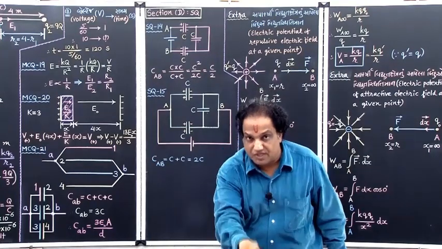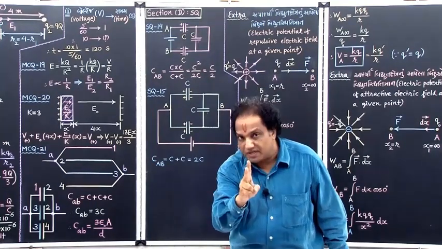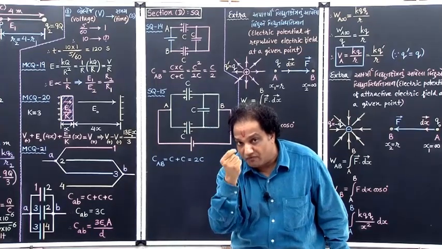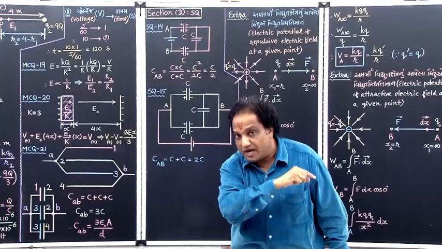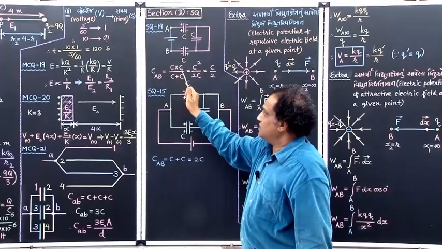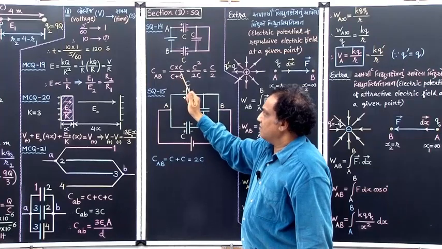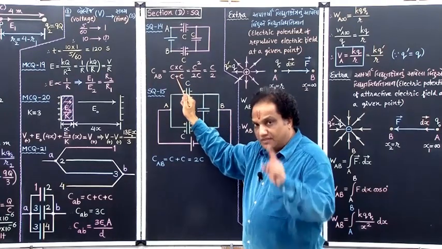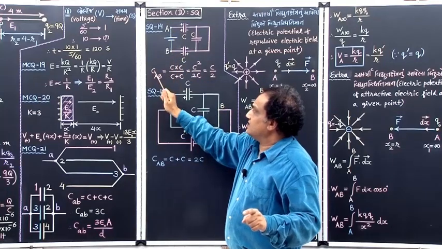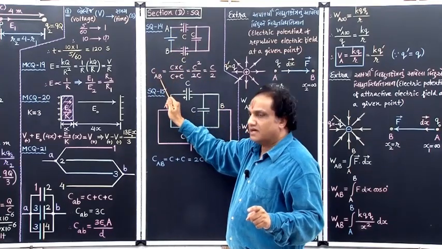And in case of series connection of two capacitors, what was the formula of equivalent capacitance? I told you to remember in words: multiplication upon addition. That's why I am writing here C into C upon C plus C, multiplication upon addition. That will give you the equivalent capacitance between points A and B. That's why I am putting the symbol CAB, correct?